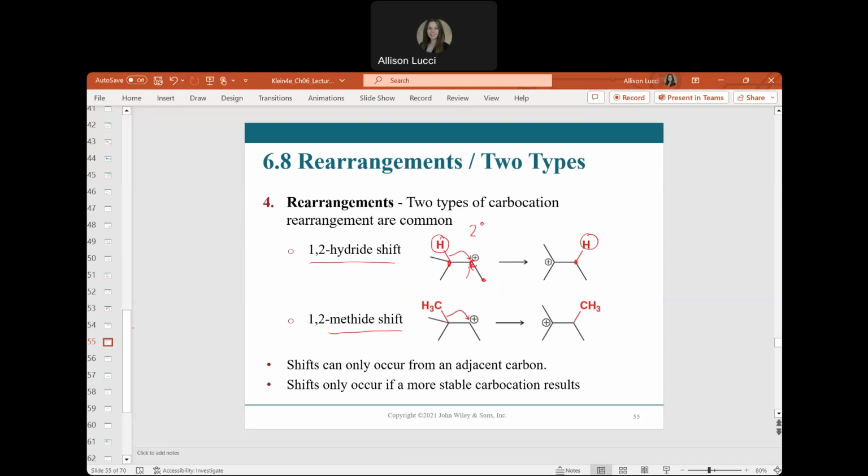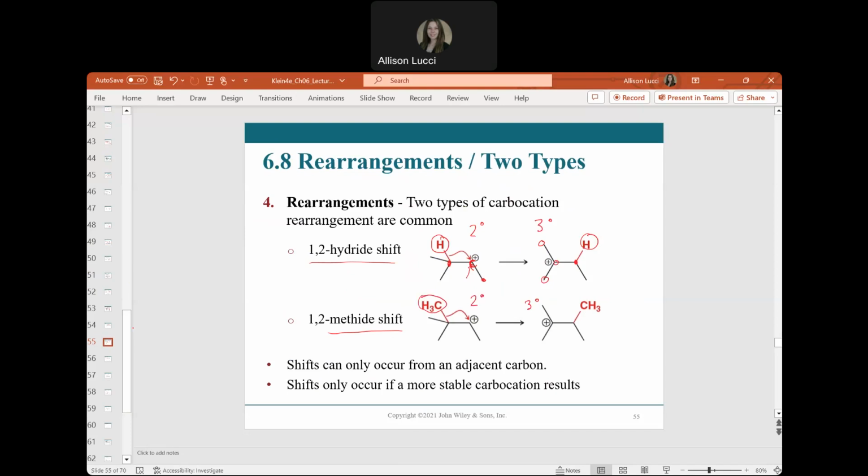As a result, we now have one, two, three carbons involved at this cationic site, and that would now be a tertiary carbocation due to the hydride shift. In the second example, we see a shift of this whole methyl group. Again, we have a secondary carbocation, and after the methyl shift it results in a tertiary, more stable carbocation.